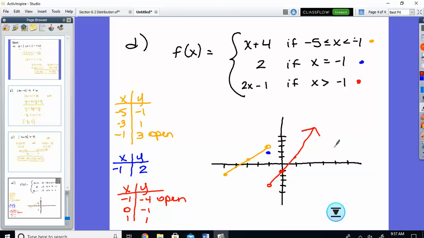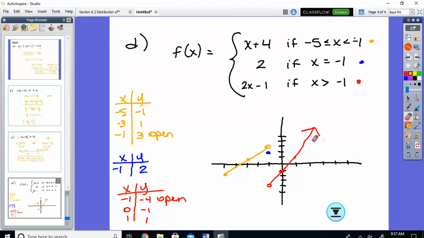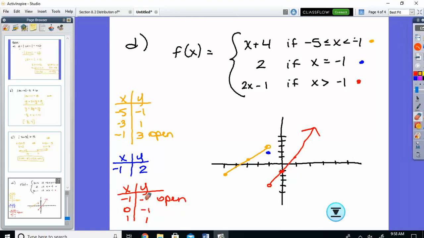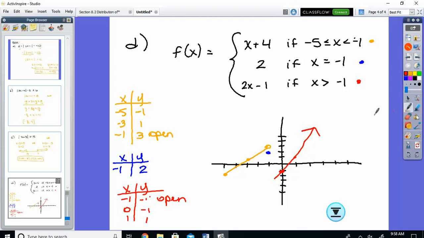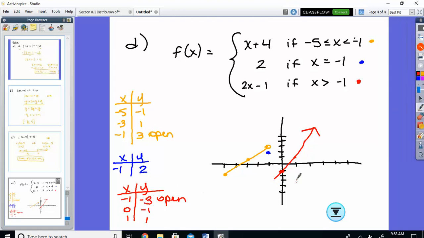It doesn't stop. Shouldn't it be -3 for the -1? Yes, it should. Thank you. 2 times -1 is -2, minus 1 is -3.